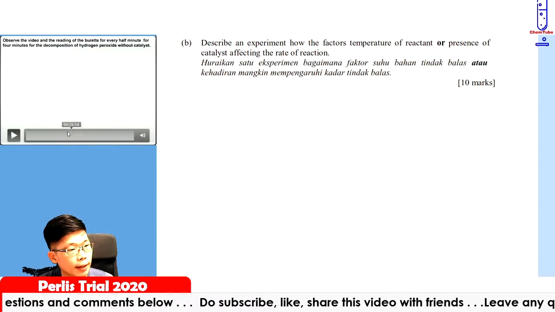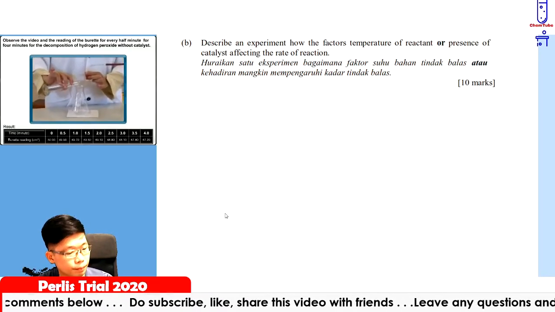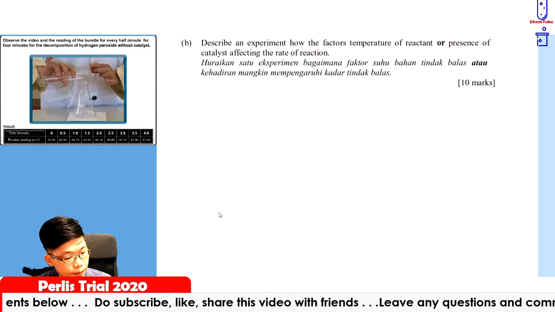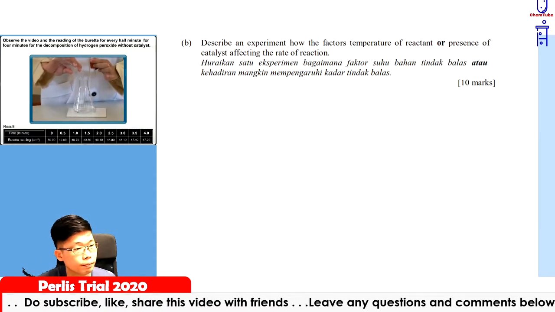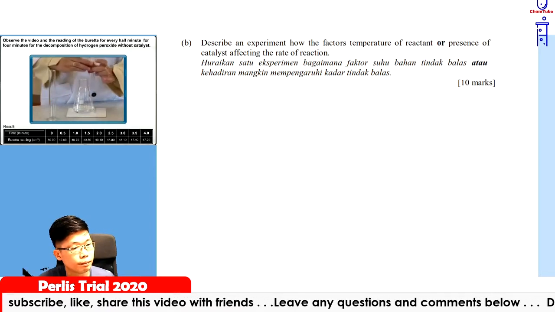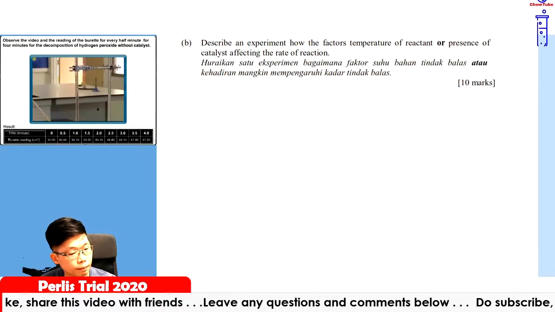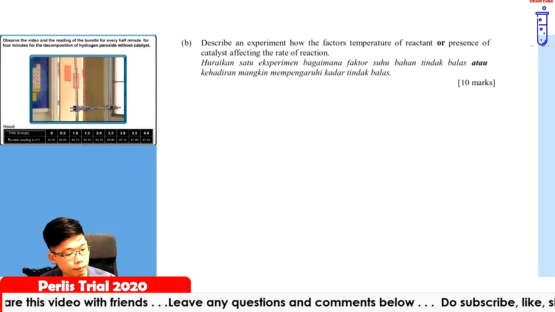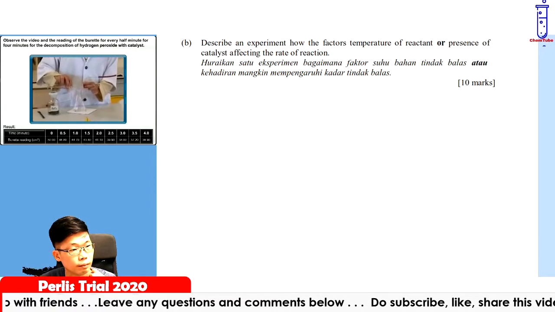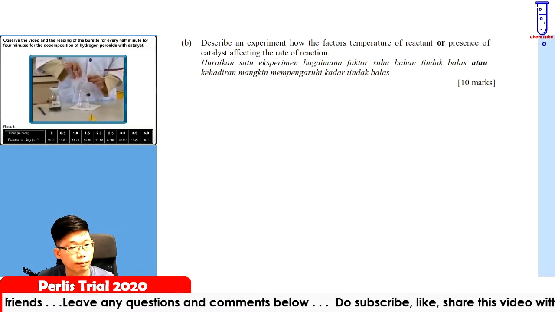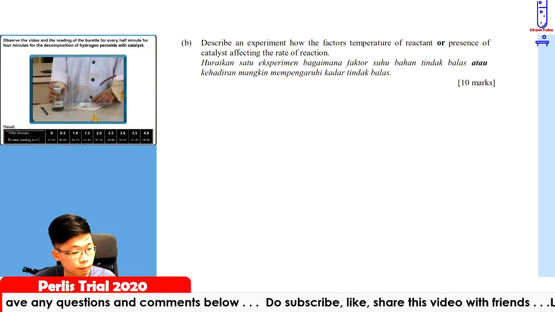For the catalyst factor we can use it like this. Observe the video and the reading of the burette for every half minute for 4 minutes for the decomposition of hydrogen peroxide without catalyst. Observe the video and the reading of the burette for every half minute for 4 minutes for the decomposition of hydrogen peroxide with catalyst.